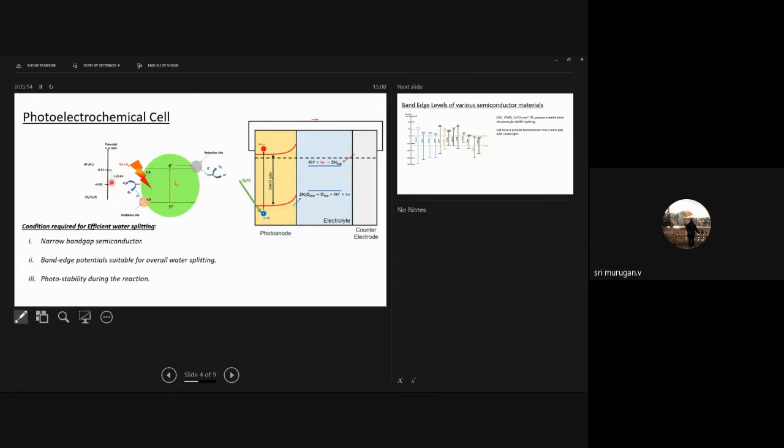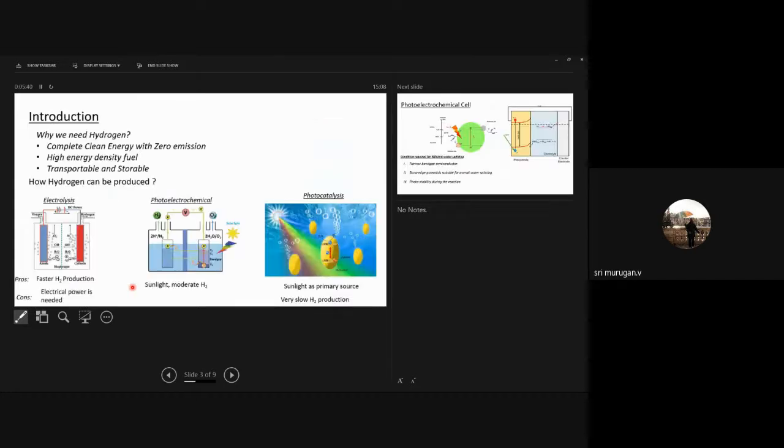If you want to split the water and get hydrogen, you have to supply this much energy; only then will you get hydrogen. Another condition is that it should be very stable and durable throughout the reaction. If you run it for 2 hours or 3 hours and it goes bad, then that is not good.